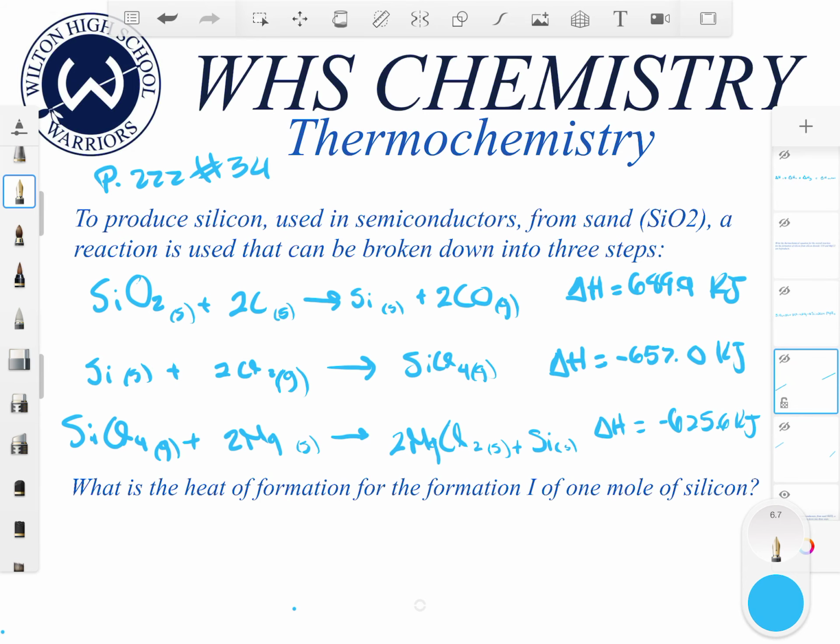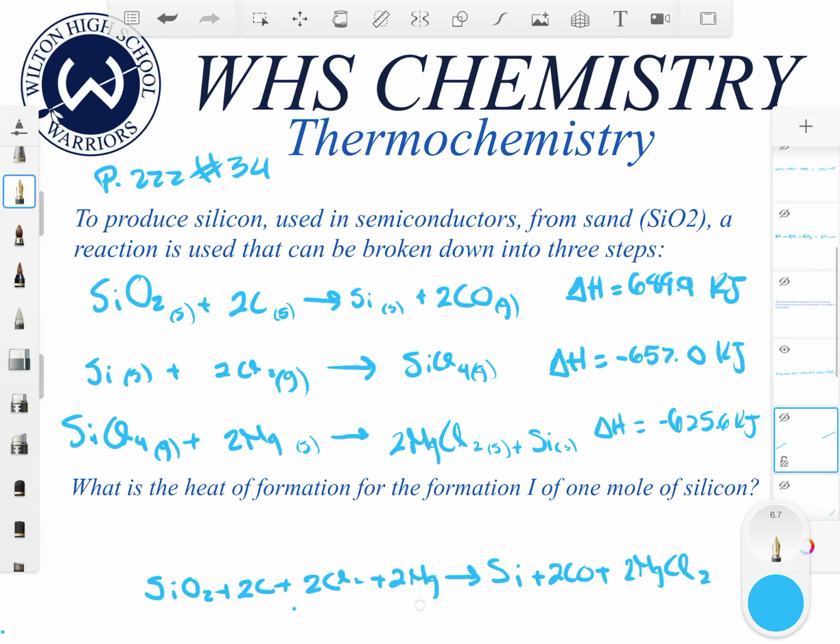If you look back at the equation we just found, we see the equation yields 1 mole of silicon, right?